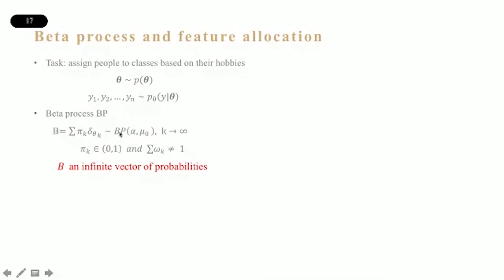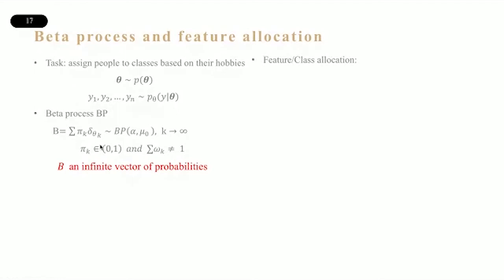I repeat, P, a sample from a beta process, can be thought of as an infinite vector of probabilities which do not necessarily sum to 1 anymore. They're independent, they don't necessarily sum to 1. By assuming so, I allow, as we will see later, for an overlapping assignment to classes. Each data point that is assigned with a probability P actually refers to a class, to a category.